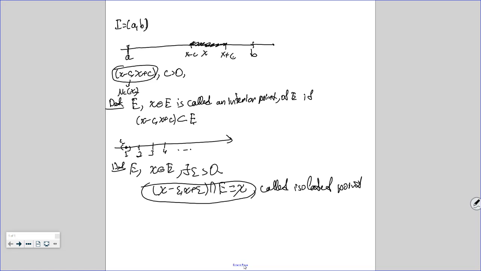Usually we are interested in points that are not isolated.